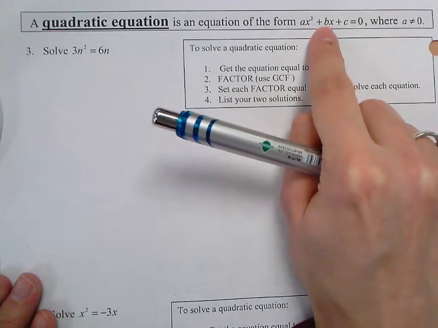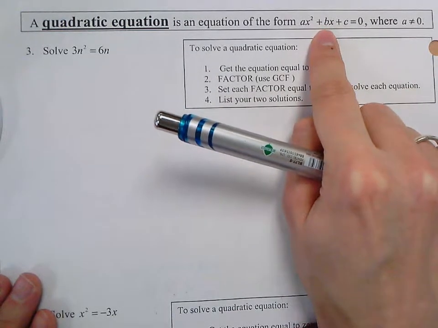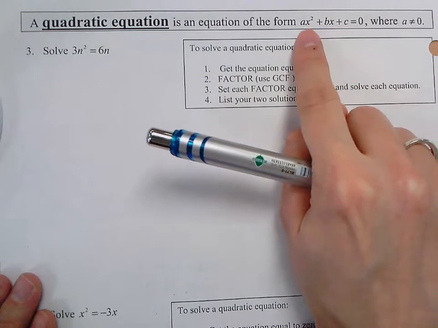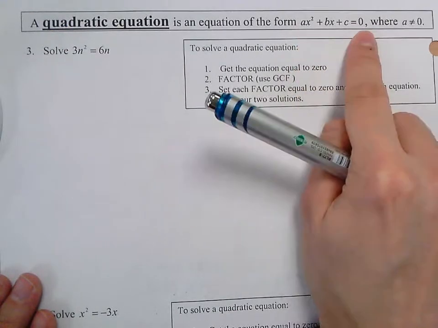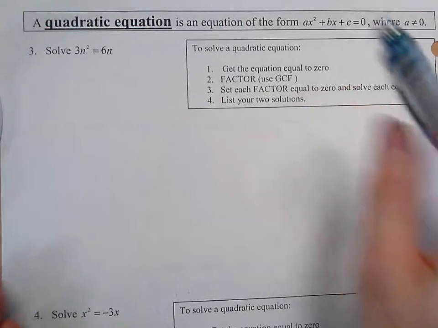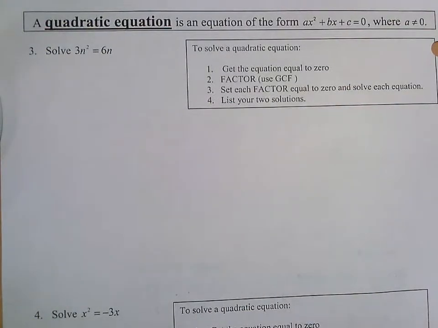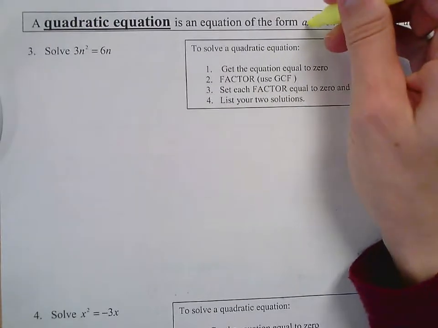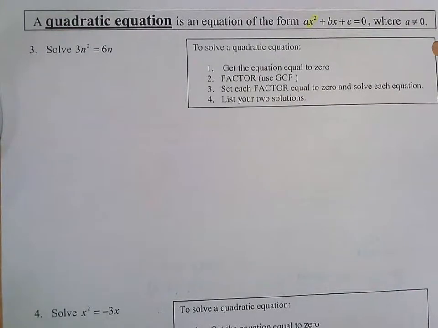This is what a quadratic equation is. A quadratic equation is in this form, ax squared plus bx plus c equals 0. What makes it quadratic is the highest power on x, or the degree, is 2. You have an x squared. That is a quadratic equation. So when we talk about solving quadratic equations, that's what we're referring to.